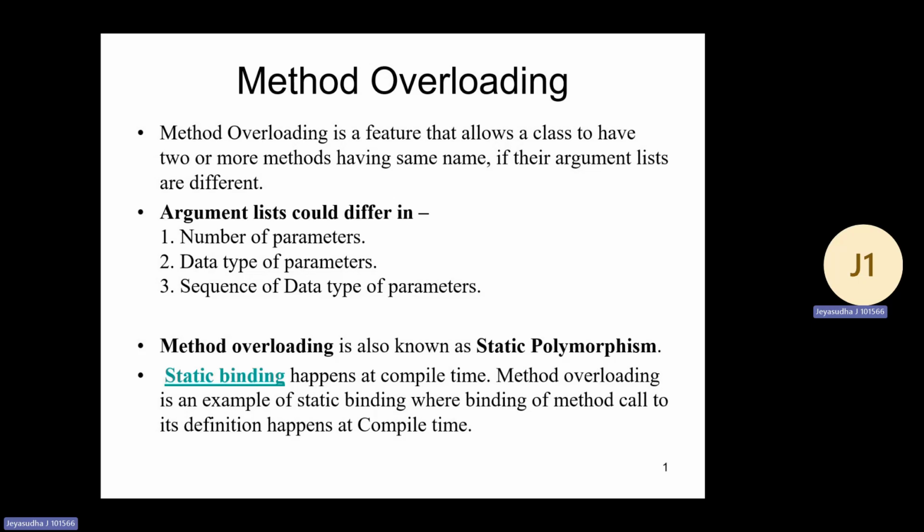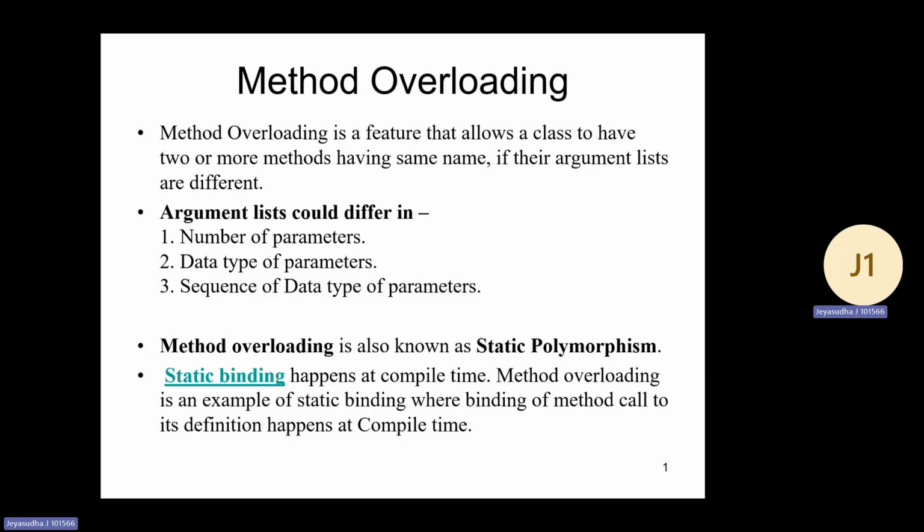It's one of the unique features in Java. With method overloading, we keep the same method name, but the parameters might be different, the data types might be different, or the sequence of the data types might differ.